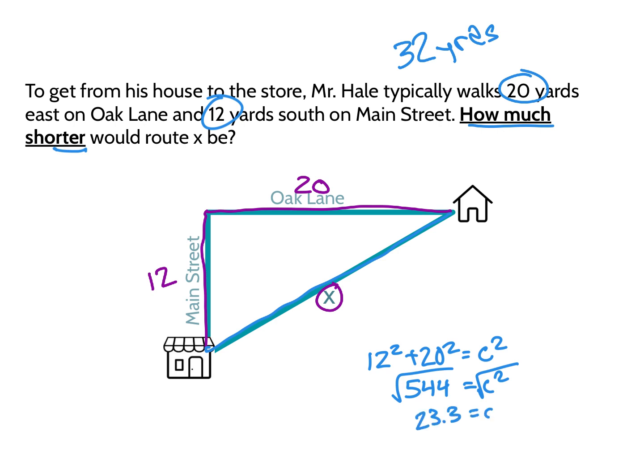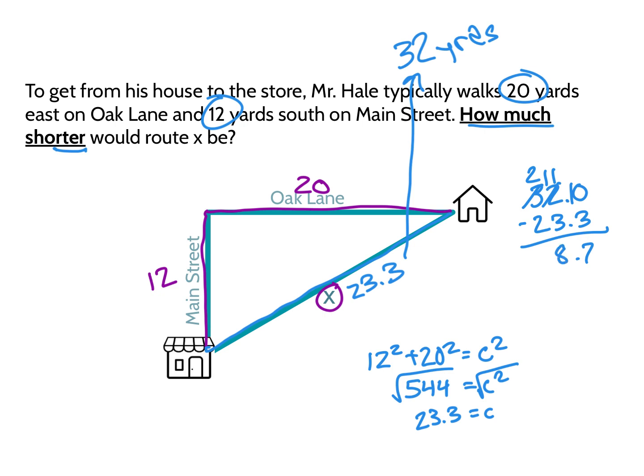So if this is 23.3 and this other way is 32, I want to know how much shorter it is. Well, I'm going to take 32 minus 23.3. It's 8.7 yards shorter.